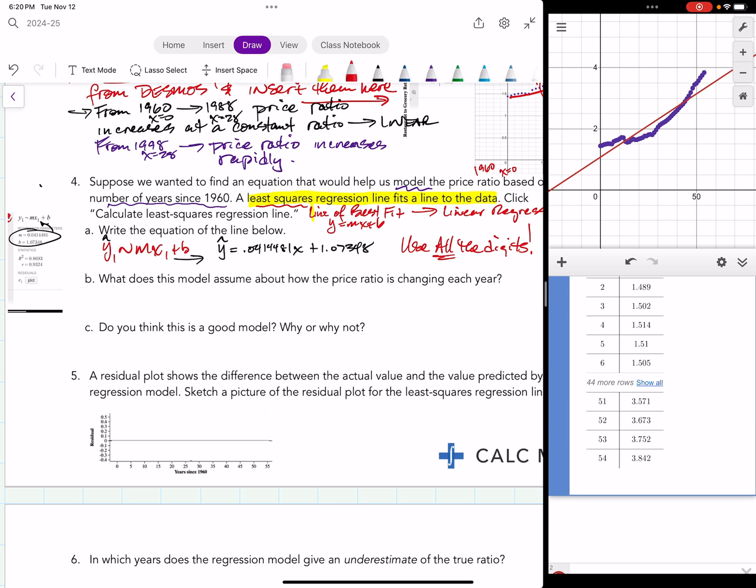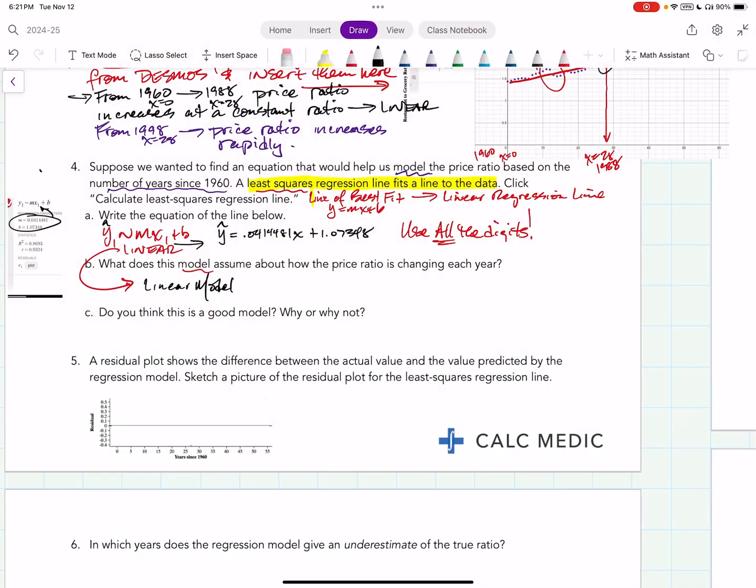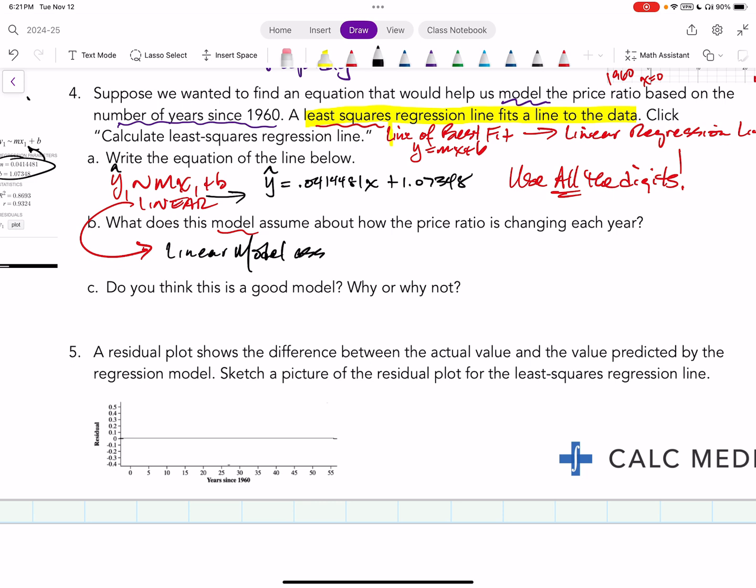Now, what does this model assume about the price ratio changing over the years? So first of all, it's linear, right? And what does this linear model assume? Well, everybody knows that a linear model assumes a constant rate of change of the ratio.